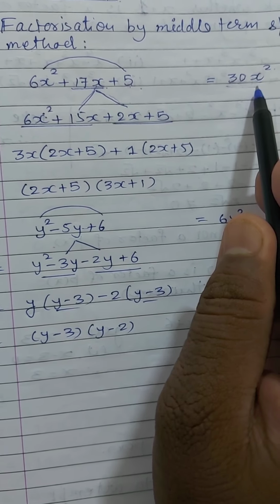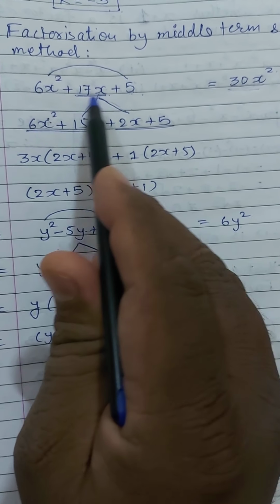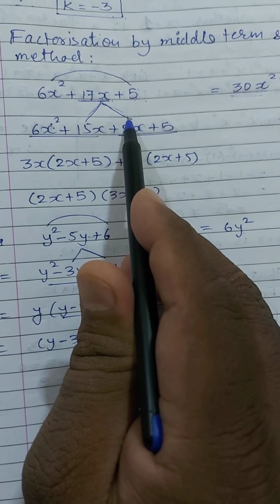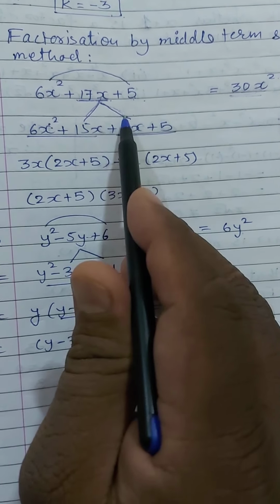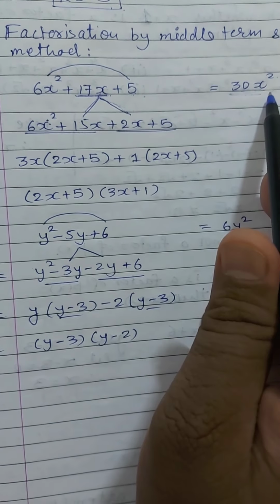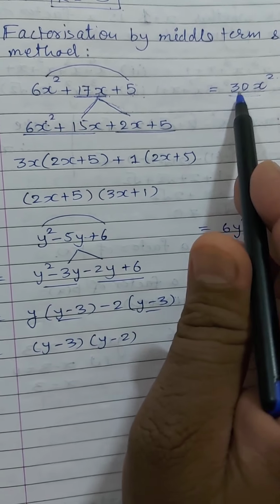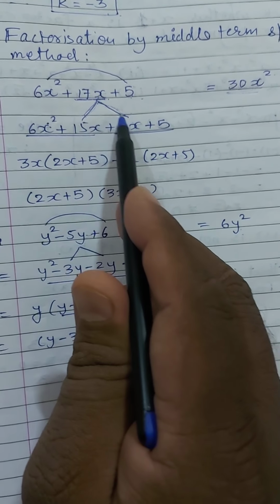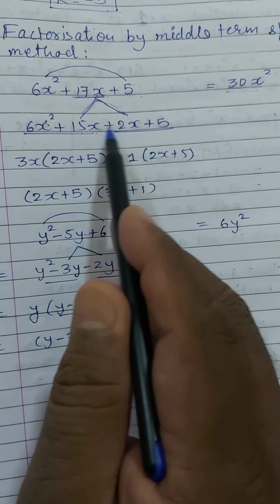We have to break this part into two terms whose product is 30x square.